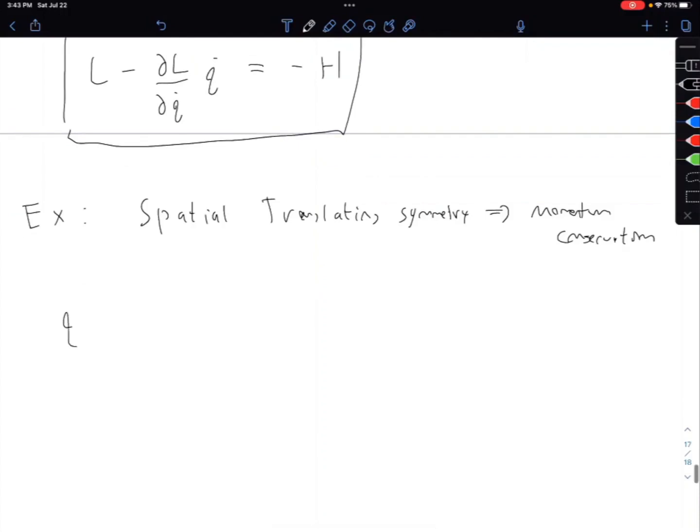So spatial translations mean that q goes to q plus epsilon and t goes to t. Let's just consider one particle, just to keep things simple. Then the only way that we can have a symmetry of the action is if the Lagrangian does not depend on spatial translations, or it doesn't depend on q.